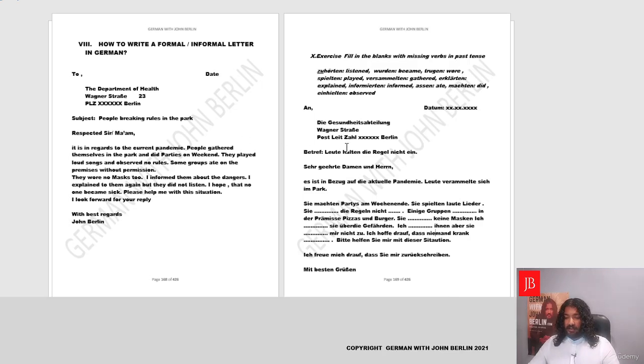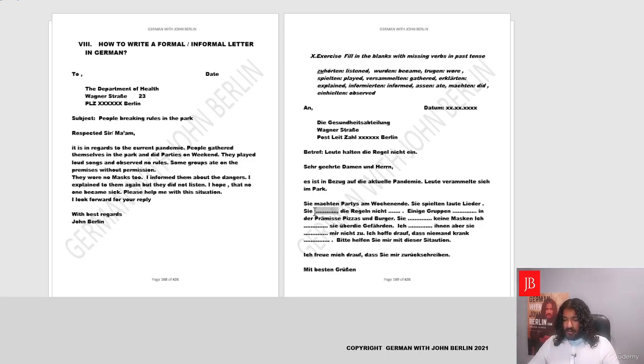Sie dash die Regel nicht dash. Now again, just like we had written in the first sentence of the Betreff here, einhalten is the verb to observe, and the past tense of einhalten is einhielten. That's a really irregular verb. Genau. Fantastic. We'll write they did not observe the rules.